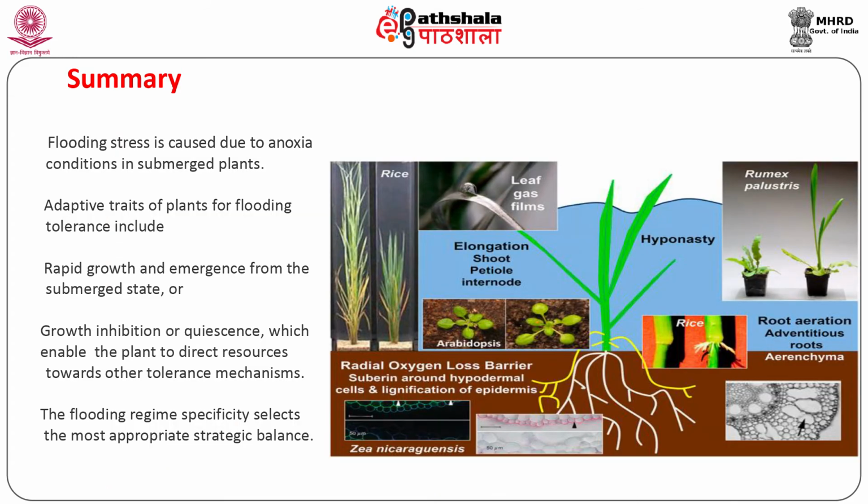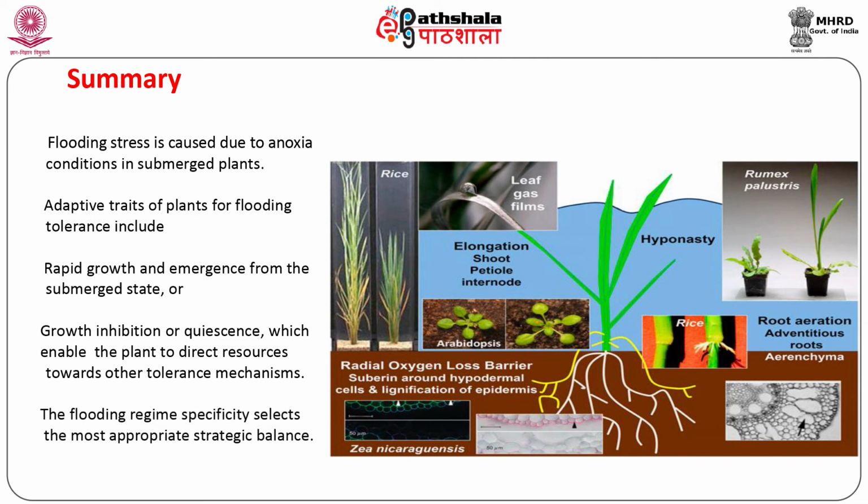Summary and conclusion. Flooding stress is caused due to anoxic conditions in submerged plants. Adaptive traits of plants for flooding tolerance include rapid growth and emergence from the submerged state, or growth inhibition or quiescence, which enables the plant to direct resources towards other tolerance mechanisms.